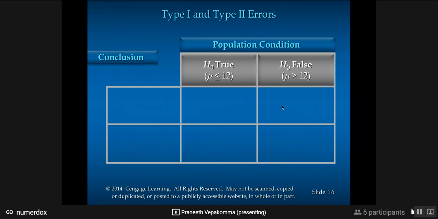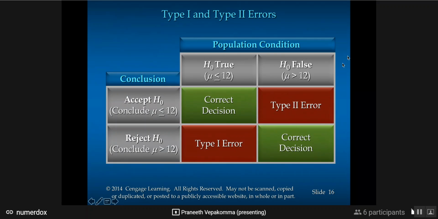Okay, type 1 and type 2 errors, right? In the case of that example, whether the emergency response time is less than or equal to 12 as the null versus greater than 12, he wants to decide by looking at response times of different emergency cases that they've handled. So this is the correct decision when H0 is true and your conclusion is also to accept H0.